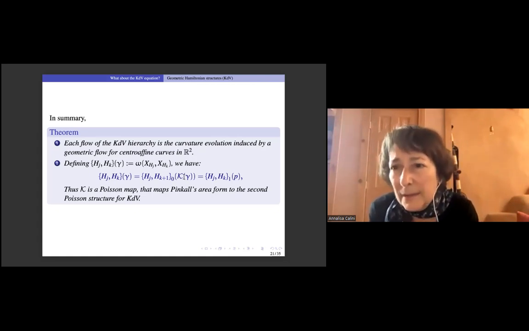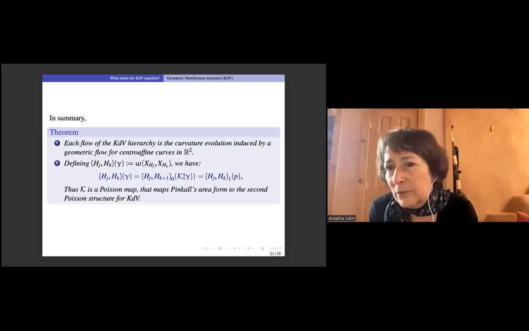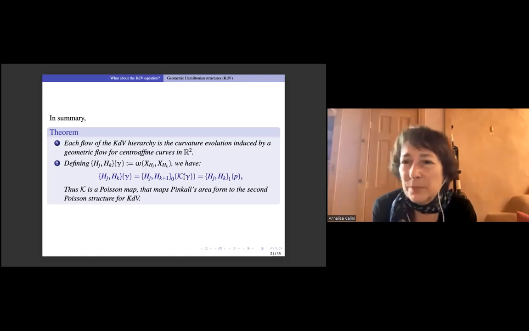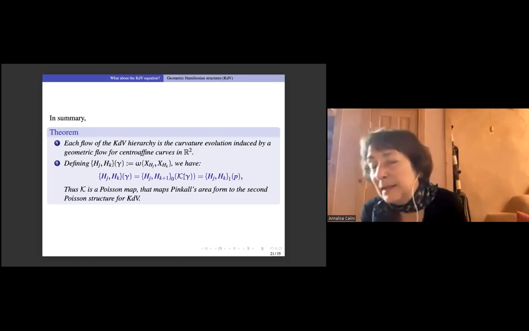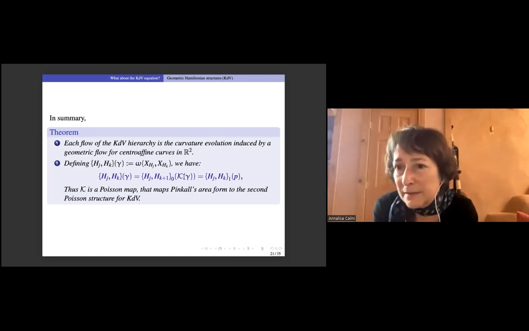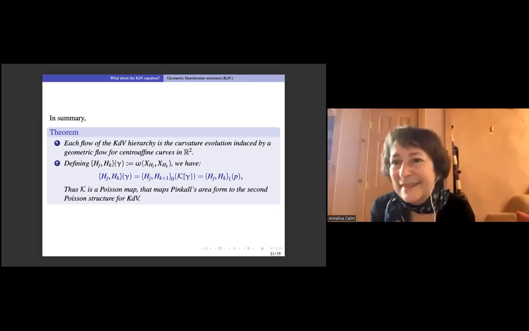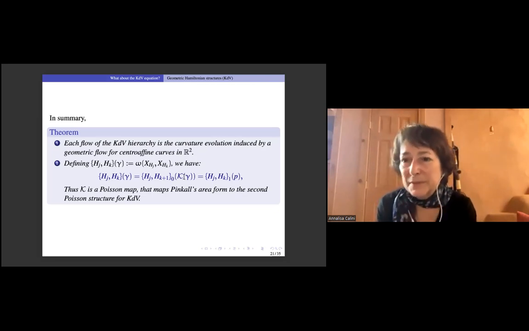In fact, the same game can be played with the centroaffine evolutions in R3. And what's very interesting is that the corresponding integrable PDE coming out there is the Boussinesq system, a double hierarchy, and again we get local flows with the same kind of approach through moving frames.